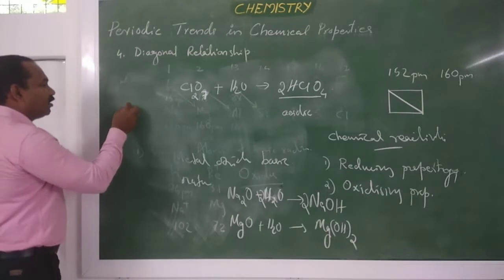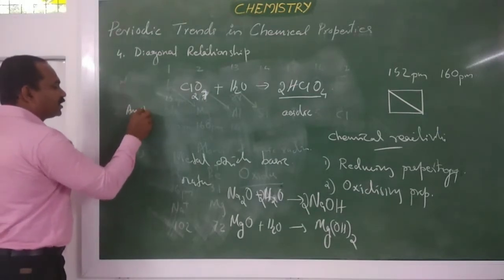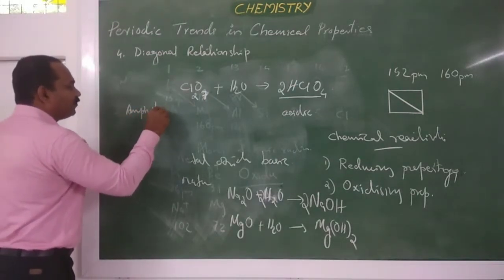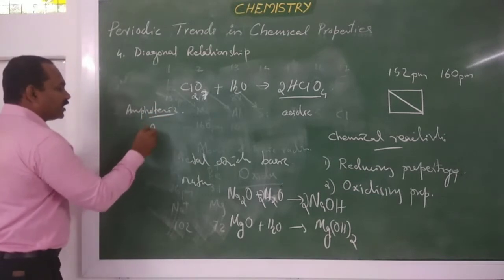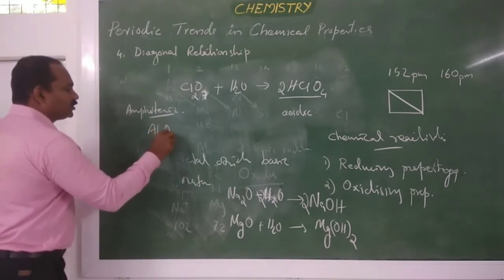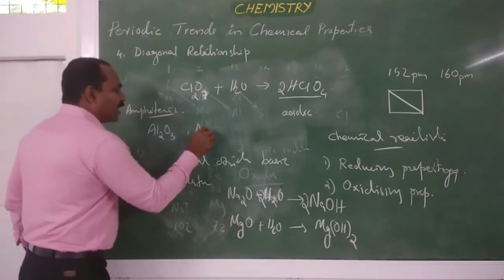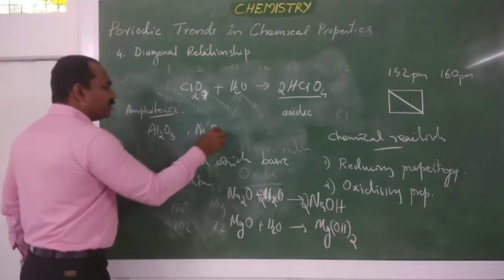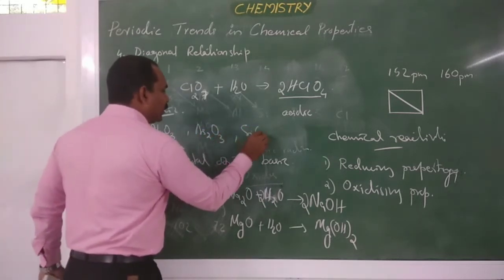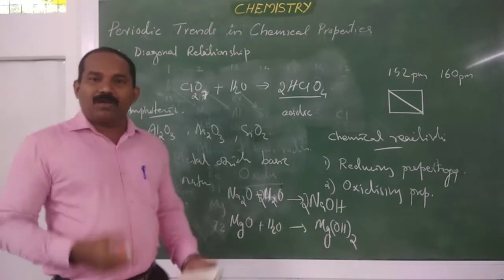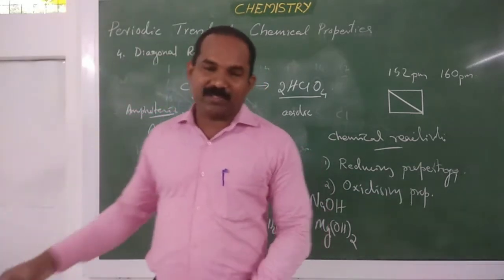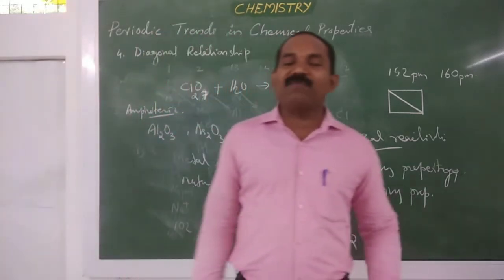Some other oxides are amphoteric. For example, aluminium oxide Al2O3, arsenic oxide, silicon dioxide, and also zinc oxide, ZnO, are amphoteric in nature.